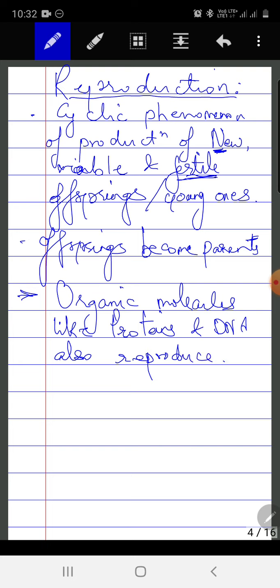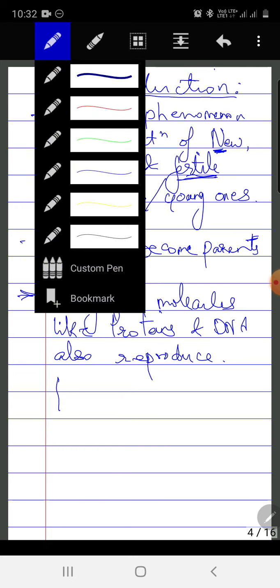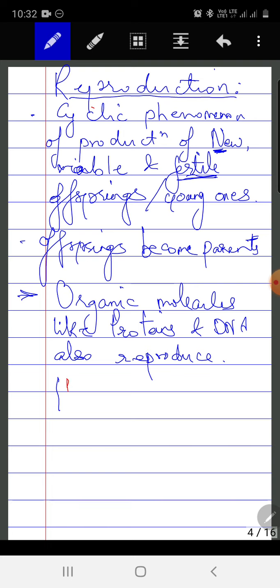A DNA molecule, let us suppose there is a DNA molecule. It has two strands, bound to each other.